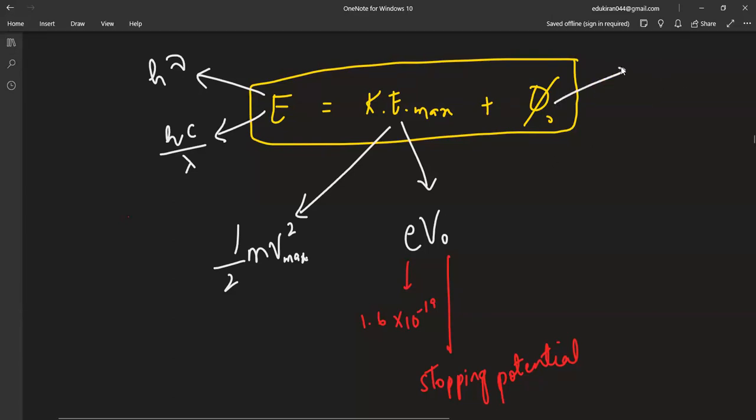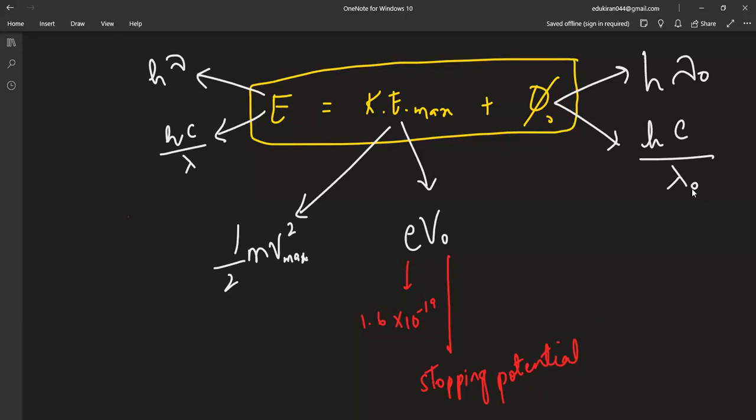Then work function will be h nu, but here the frequency will be the threshold frequency, because there is a threshold energy. Similarly, this will also be written as hc by lambda. Lambda can also be written as lambda naught, which means the threshold wavelength. So these are all the possibilities that we can write.